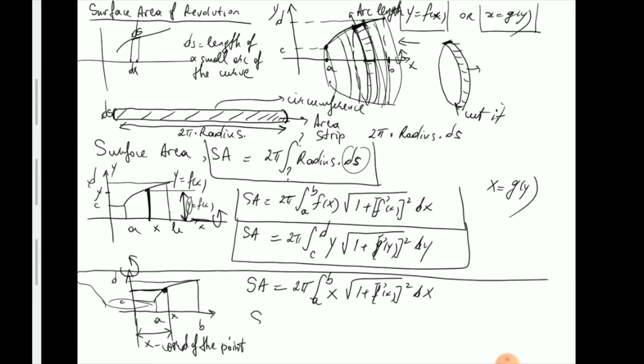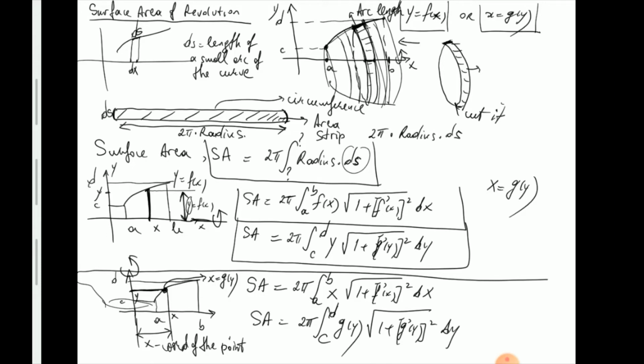And then finally, if you decide to integrate with respect to y, then the surface area is going to be the integral from c to d. Now I want to get the x coordinate in terms of y, so I have to view this as a function of y, right? So x in terms of y is going to be the function in terms of y, and then the square root of 1 plus g prime of y squared dy.